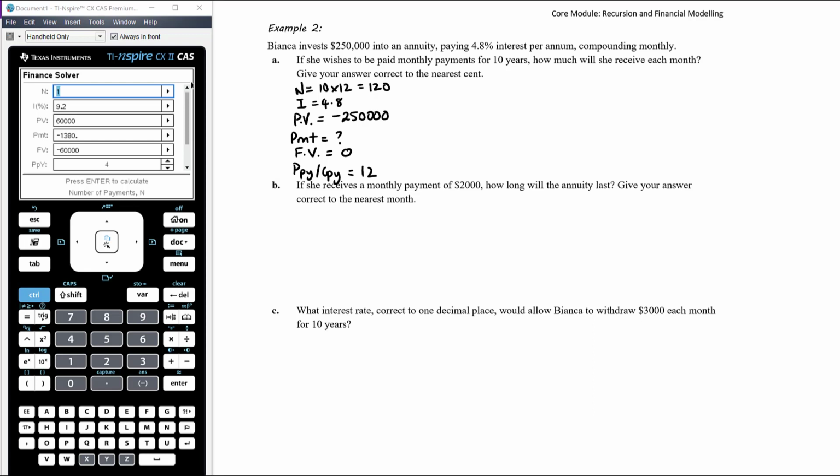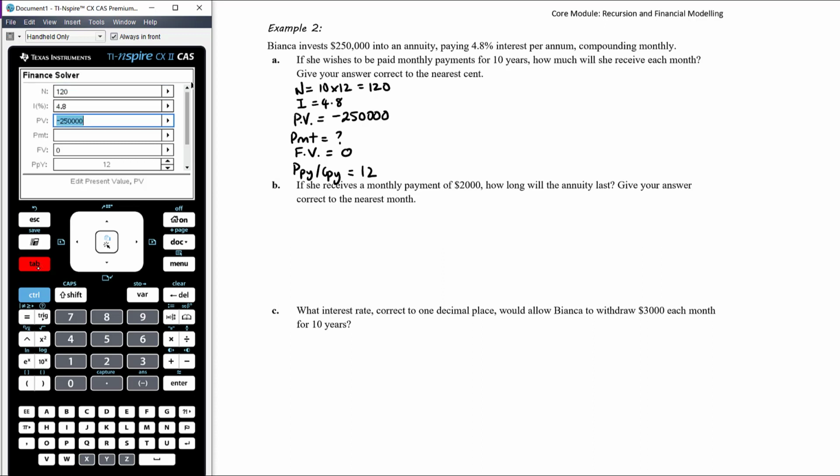Okay, so let's put that information in. 120 months, interest rate of 4.8%, investing 250,000, so negative 250,000. Withdrawing, what we don't know, we want to work that out, so clear that box. Future value, we want that to be 0. Payments per year and compounds per year are both 12.